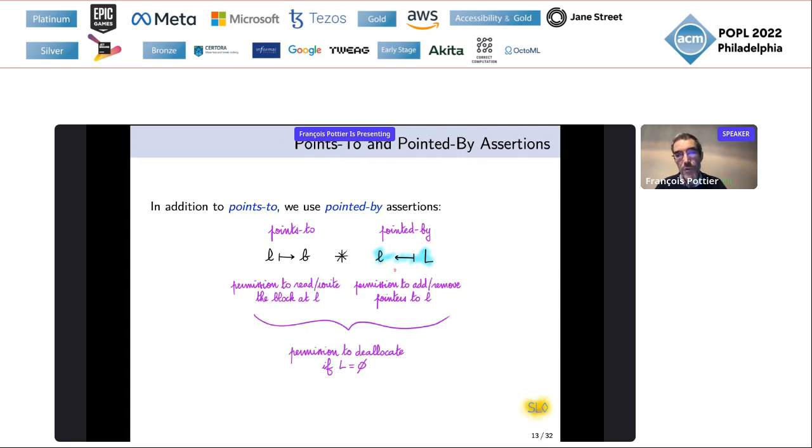And this thing can also be viewed as a permission to add or remove pointers to the block l, if you want to think in terms of permissions. And when this set capital L is empty, this means there are no predecessors, and this is the condition that we require to allow logical deallocation.